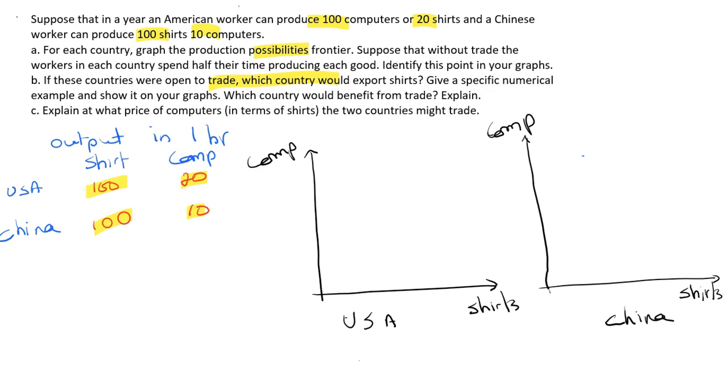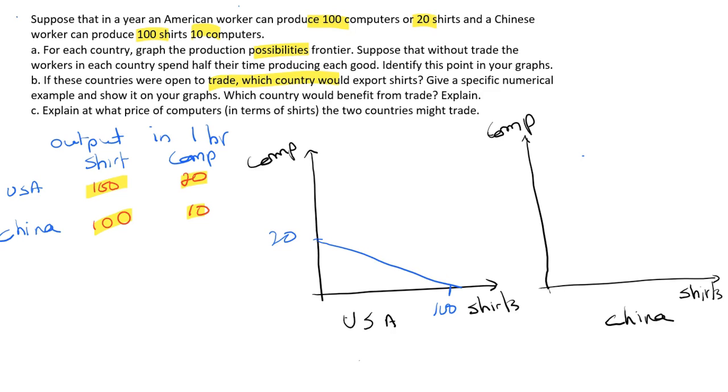So let's begin by drawing the US PPF. We're told that if American workers devote all their time, they can get 100 shirts. So the first point on the x-axis will be of shirts, and if they devote all their time to computers, they can get 20 computers. So this will be the United States PPF.